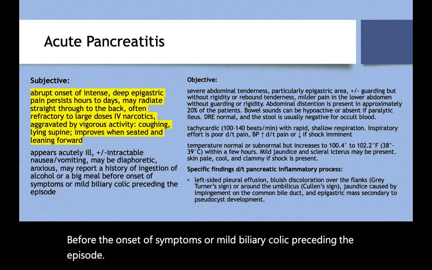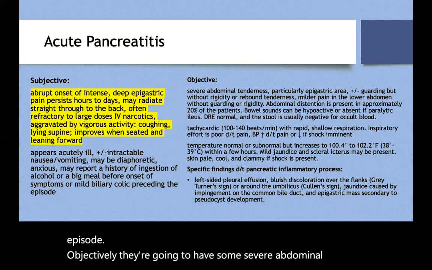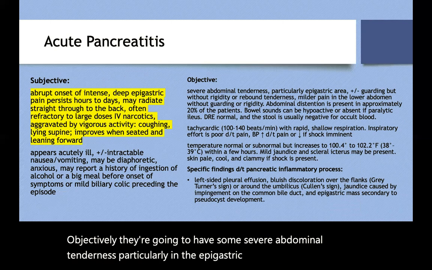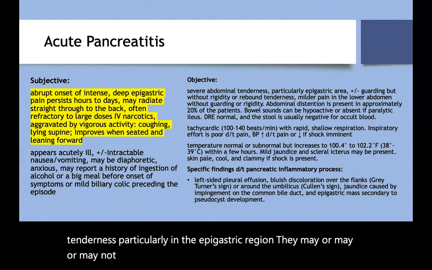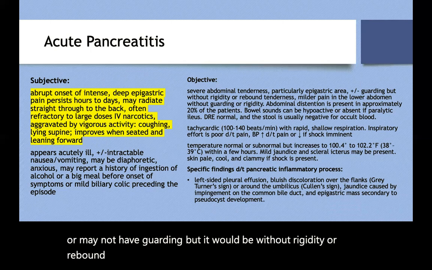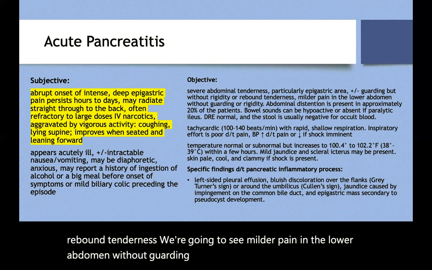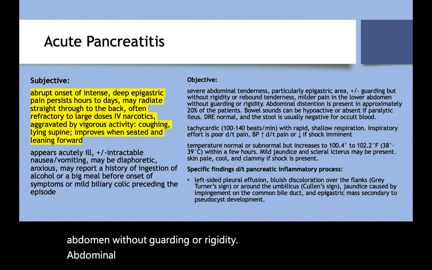Objectively, they're going to have some severe abdominal tenderness, particularly in the epigastric region. They may or may not have guarding, but it would be without rigidity or rebound tenderness. We're going to see milder pain in the lower abdomen without guarding or rigidity. Abdominal distension is present in approximately 20% of these patients.